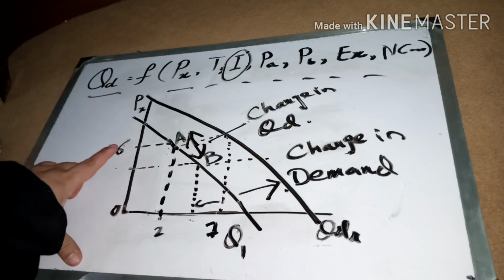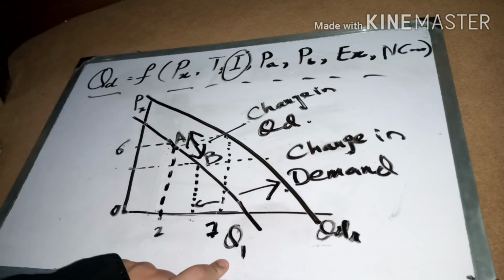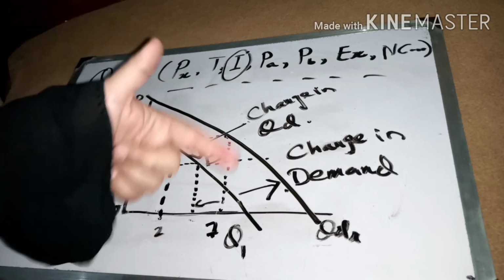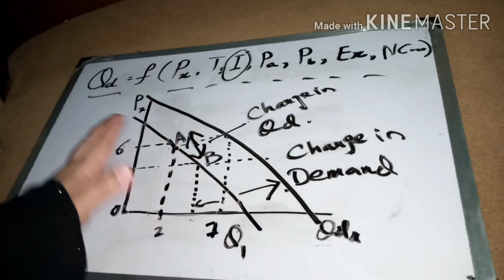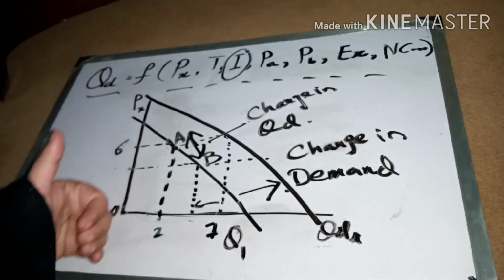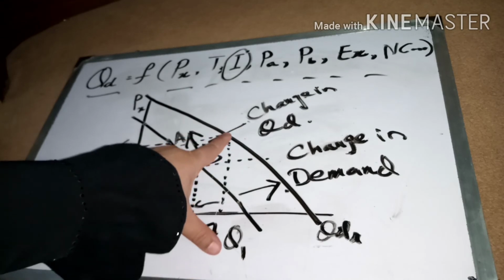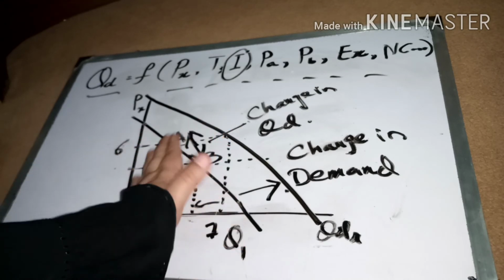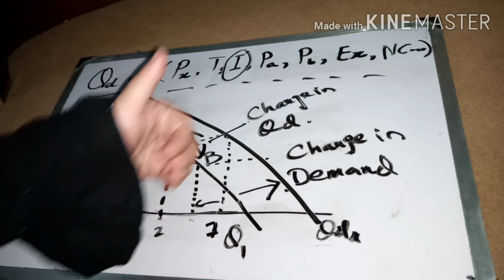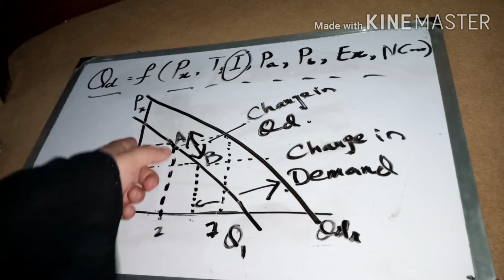In one case we are talking only about the price and the quantity demanded of the product, and in the other we get another stimulator or catalyst which makes the demand curve shift outward or inward. At the same price level, the consumer is now interested in buying more or less of a product. So this eventually shifts the demand curve outside or inside of the previous demand curve.